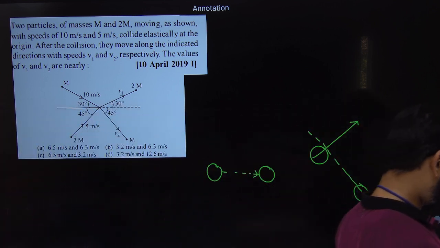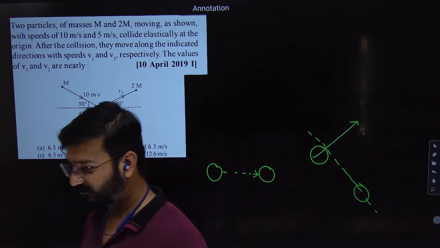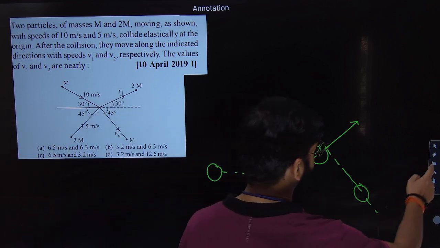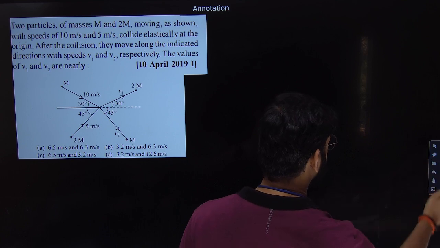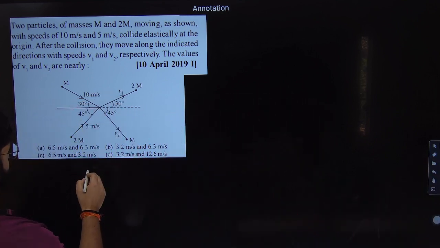Okay. All of you finish it. Any answer? Let me know. So in X direction it will be what?